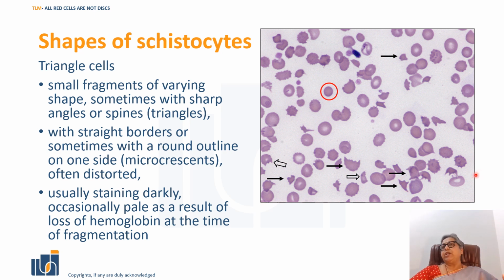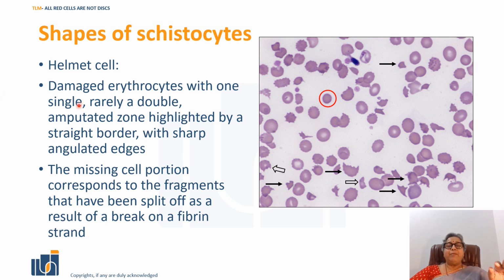And very occasionally, like I said earlier, they can have a pale staining cytoplasm because of the loss of hemoglobin at the time of fragmentation. So all these cells which have three sides, maybe with some spicules sticking out, with homogeneously stained cytoplasm, are called triangle cells.